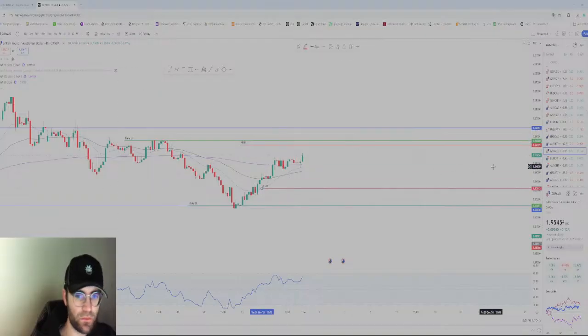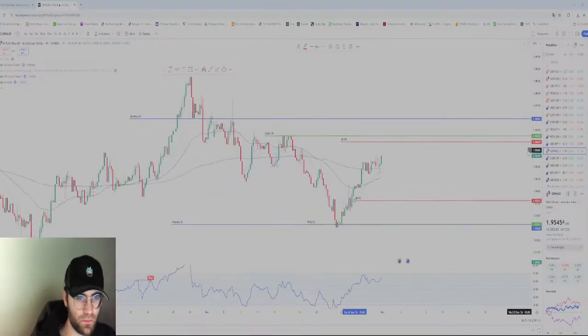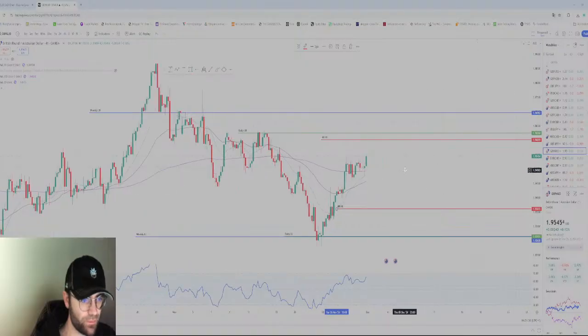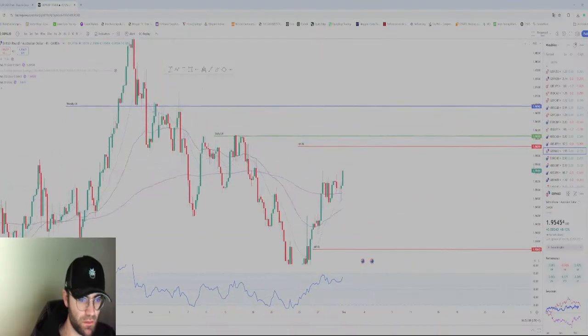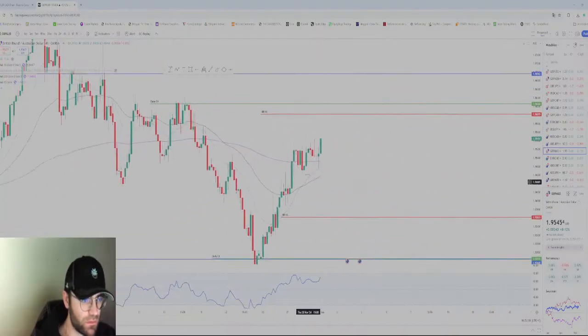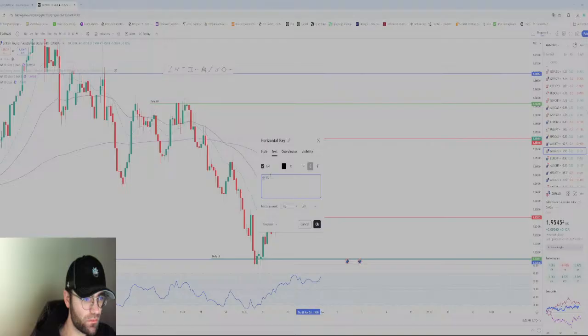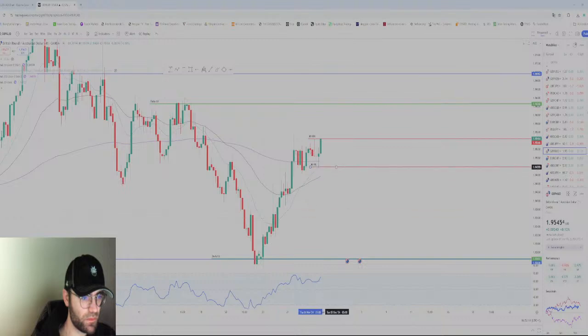Okay, let's do the 4 hour. Turn bearish here, but it did turn bullish again. Yeah, it's bullish again. Higher high. And this will be the higher low.